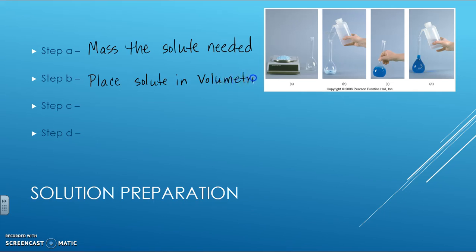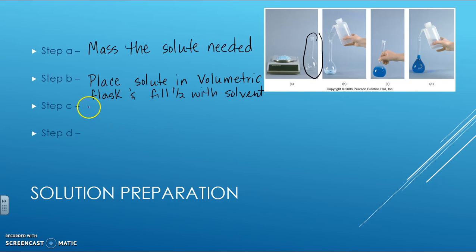And that's what that neat looking thing right here is. It's called a volumetric flask. And we would fill it halfway with water, or with the solvent. Okay, now I can't say just water because sometimes your solvent might be something else. Okay, so halfway with your solvent.